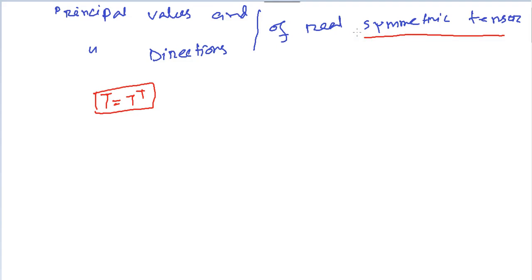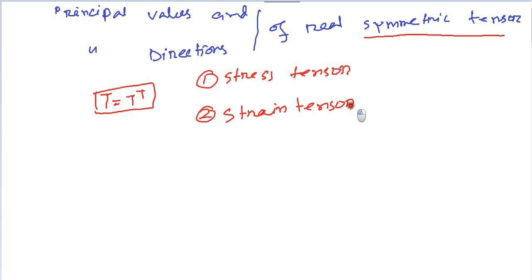Real tensors are those tensors that we usually use in real life, for example the stress tensor, the strain tensor, or the rate of deformation tensor.